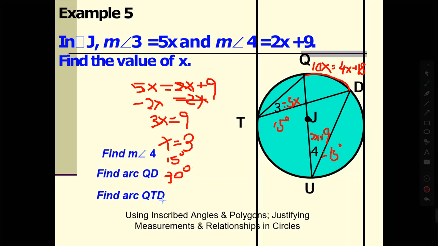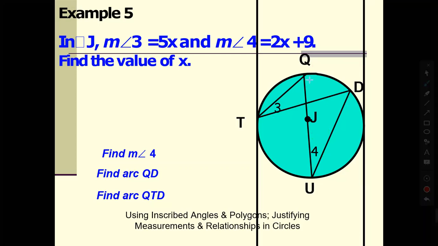The last thing is finding the arc QTD. Let me draw it here. QTD is a super large arc, right? This arc is almost a circle except for QD.